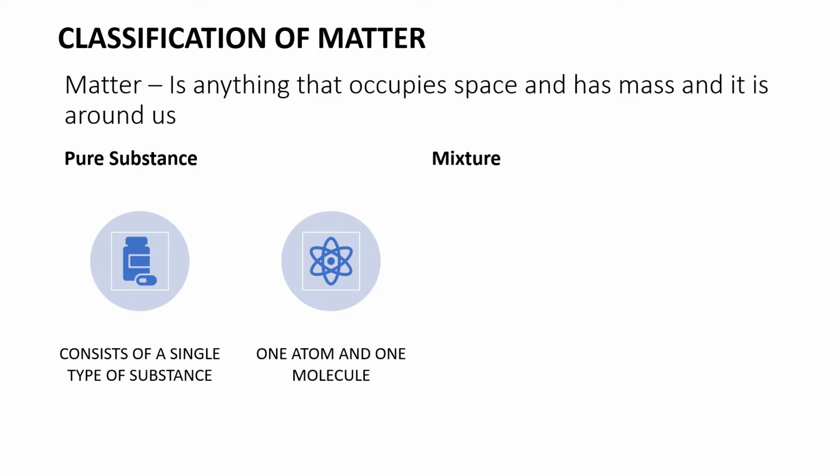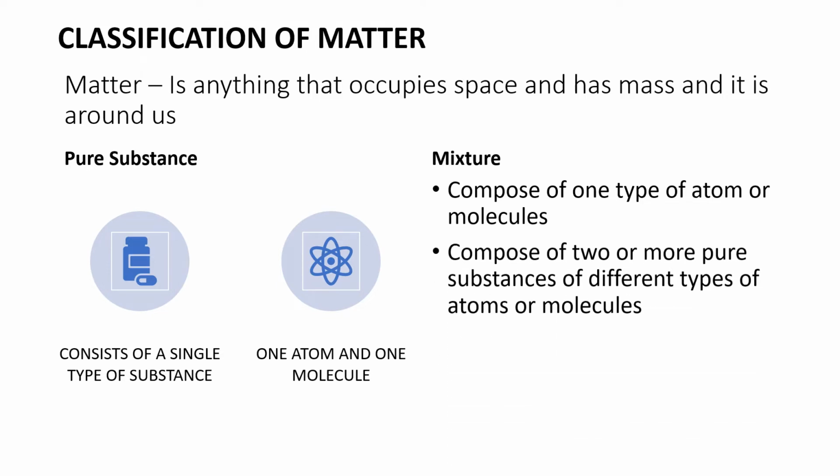Another classification of matter is the mixture. What do you mean by mixture? A mixture is composed of two or more pure substances of different types of atoms and or molecules.